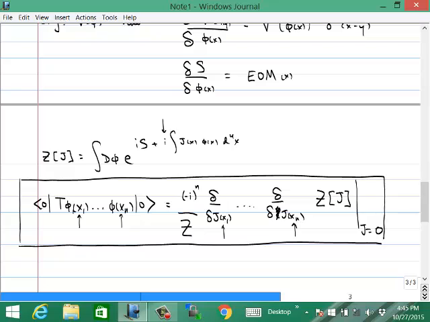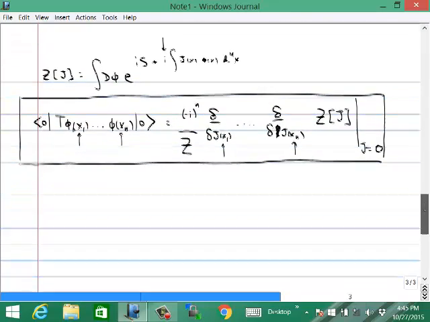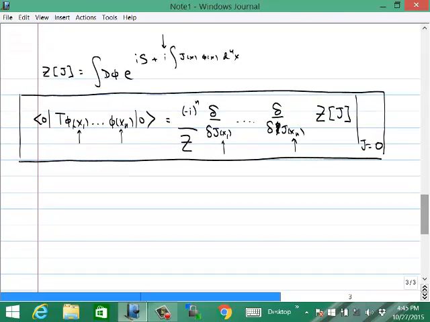So let's just do this all very explicitly, and let's check that we can reproduce something that we already know. So let's do the example of a free scalar quantum field theory. In this case, we have a single field variable phi. And the action is minus 1/2 integral d4x of (d phi) squared minus m squared phi squared.